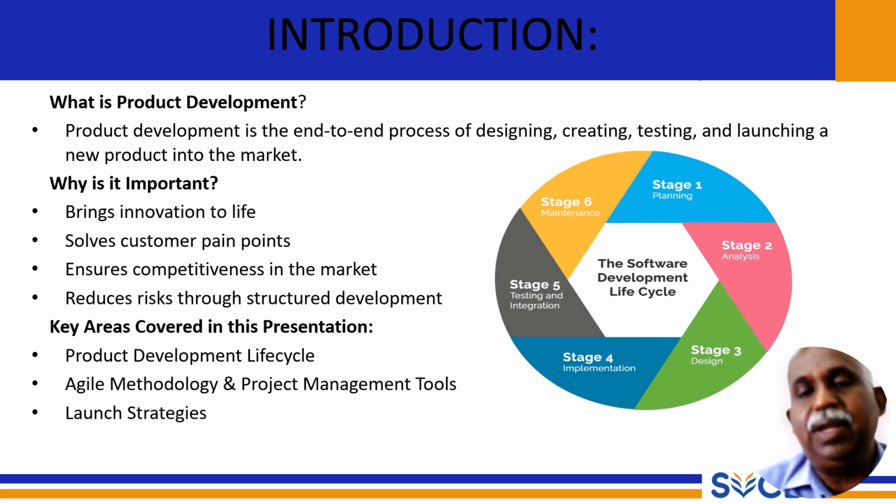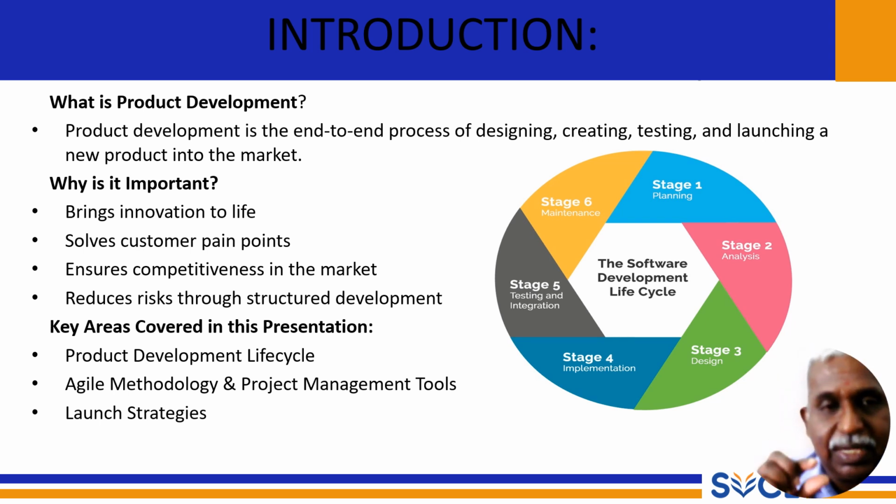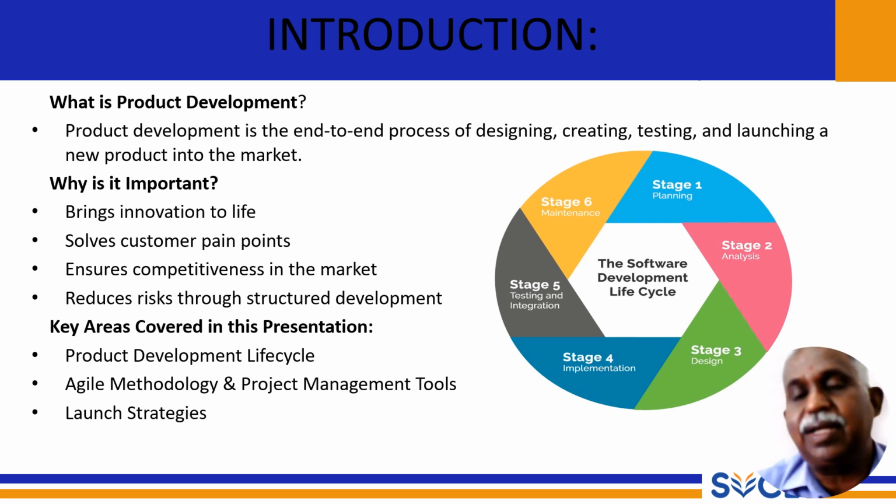Understand the market pain, then reduce the risk through structured development. We have a product life cycle starting from planning, ending with maintenance, mainly depending on the customer pain. Understanding the customer's problem is important for the product life cycle development.